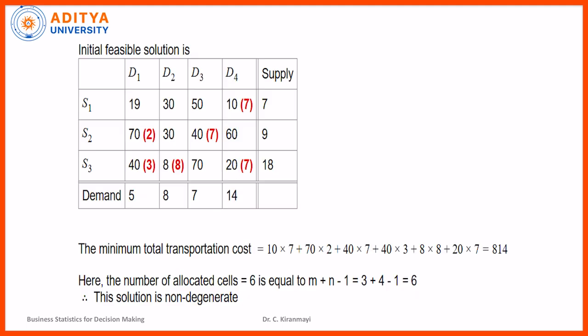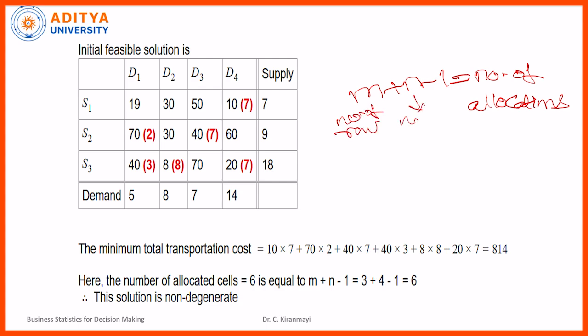Before finding the optimum solution, we should check whether this solution is going to be degenerate or not. Degeneracy also we have to check. How can we check degeneracy? M plus n minus 1 must be equal to the number of allocations. Then only the solution is considered non-degenerate. M represents the number of rows, N represents the number of columns.